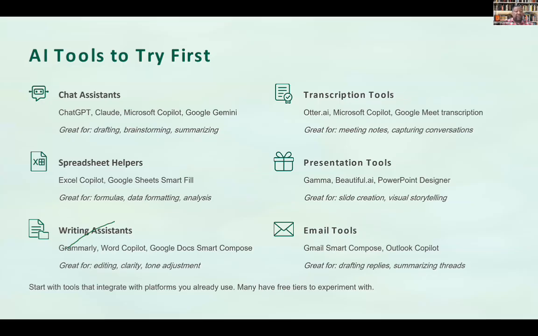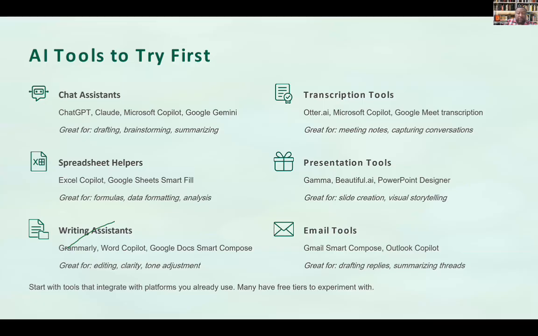So I already gave you a list. AI assistants are ChatGPT, Claude, Microsoft Copilot, Google Gemini. They are good for drafting documents, brainstorming, and summarizing documents. Transcription tools, I already mentioned Otter AI, Google Meet, as well as Zoom transcription, as well as email tools.